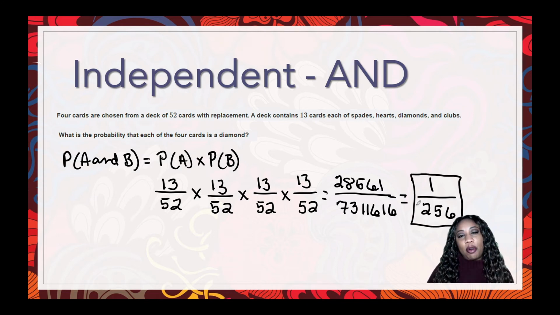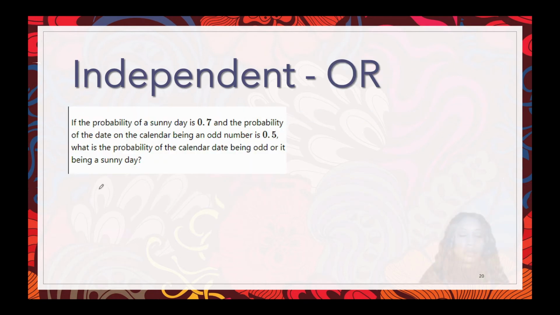And when doing these problems, sometimes it's hard to tell if your answer would make sense, but you always want to ask yourself that. So thinking of the scenario, 1 out of 256, that makes sense, right? If you got 1/4, yeah, no. Okay, so just think about, does my answer make sense?